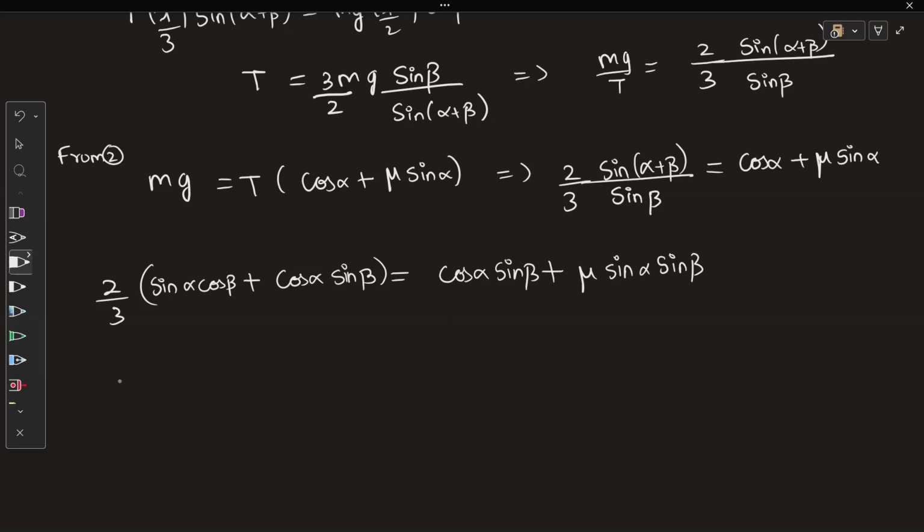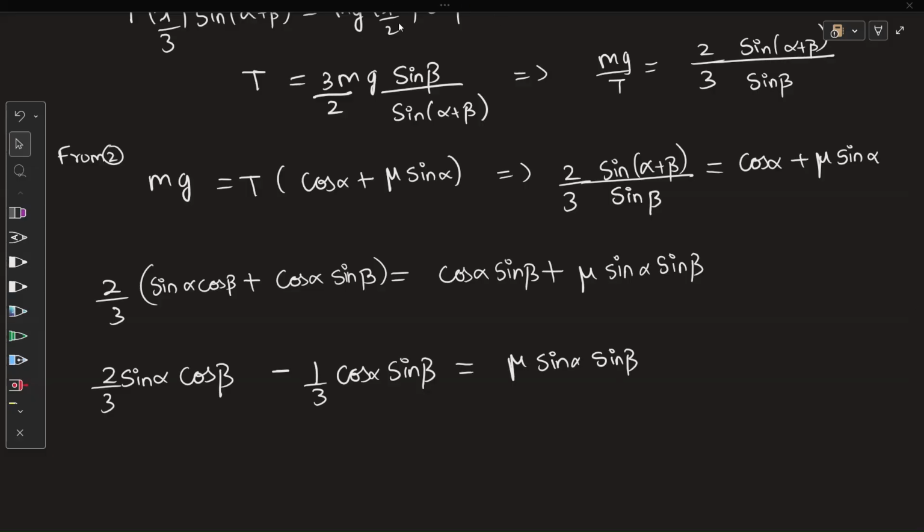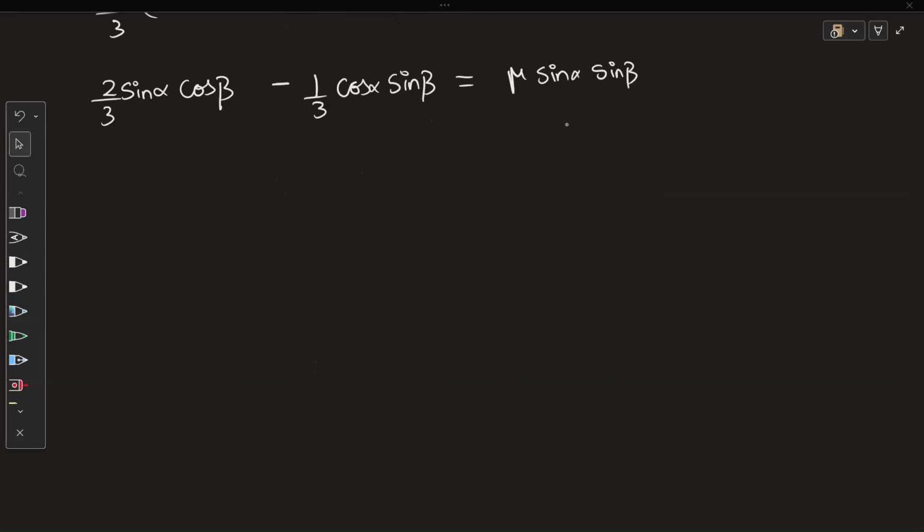On subtracting it, what I get is 2 by 3 sin alpha cos beta minus 1 by 3 cos alpha sin beta, which is mu sin alpha sin beta. And now let's divide by sin alpha and sin beta.